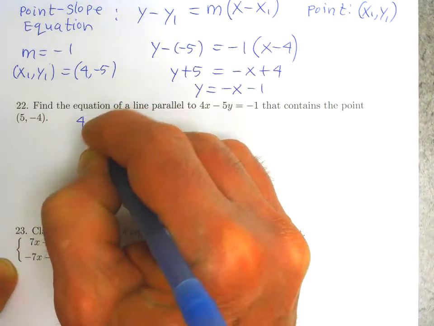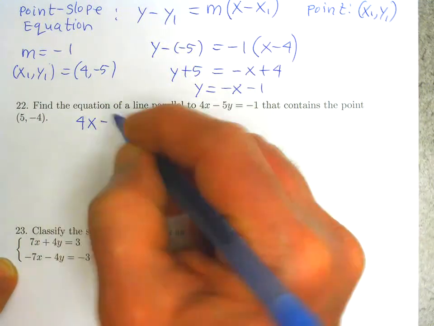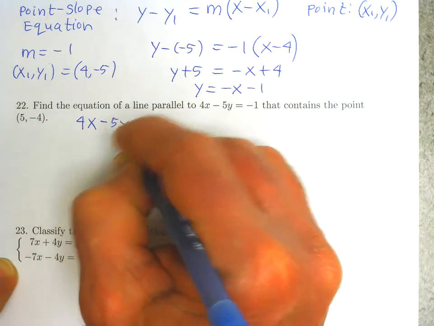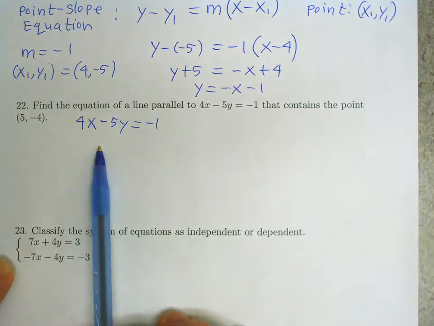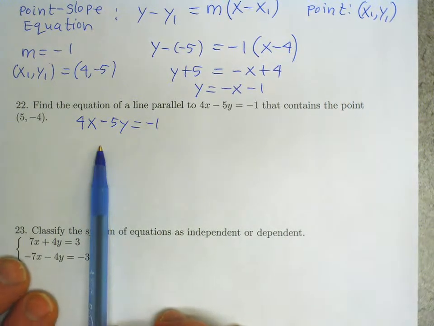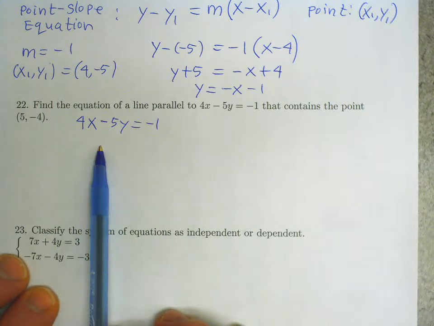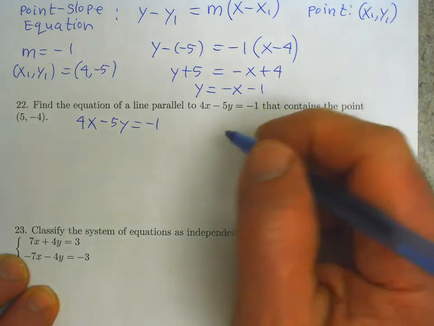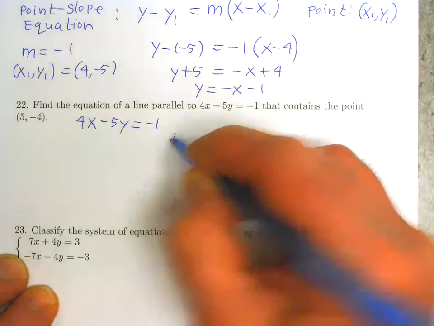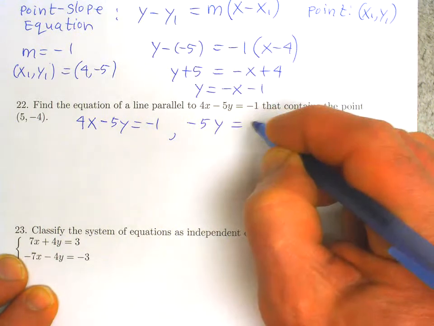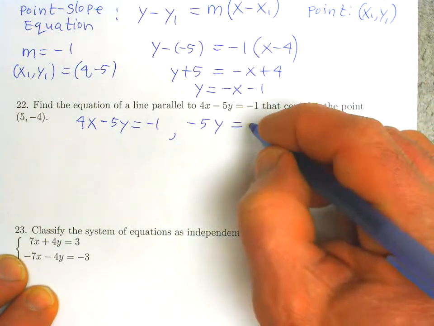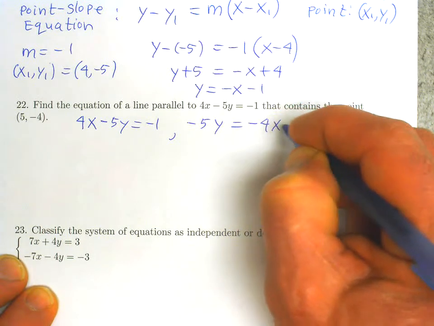Okay, so I'll rewrite the equation of this line, 4x minus 5y equals -1. This is called the standard equation for the straight line. So we want to solve for y. So subtract 4x from both sides. We get negative 5y equals negative 4x minus 1.